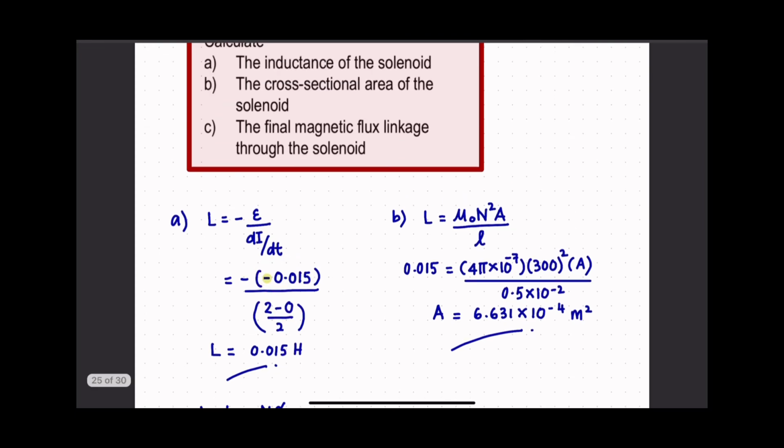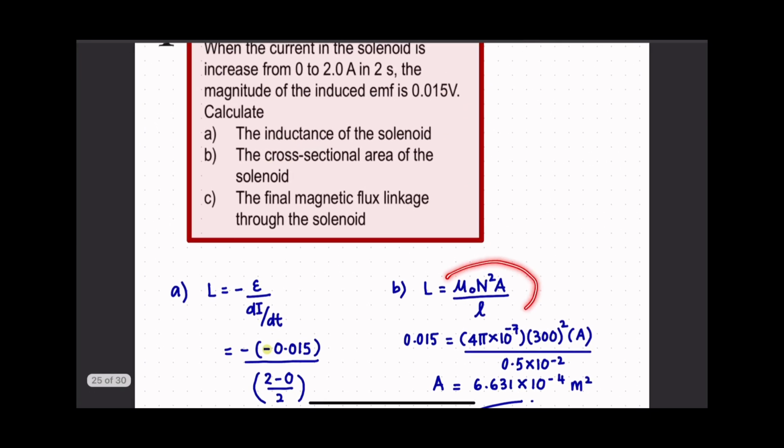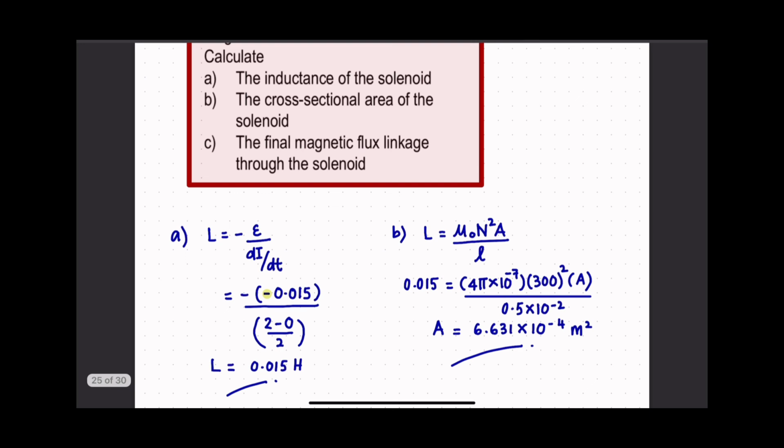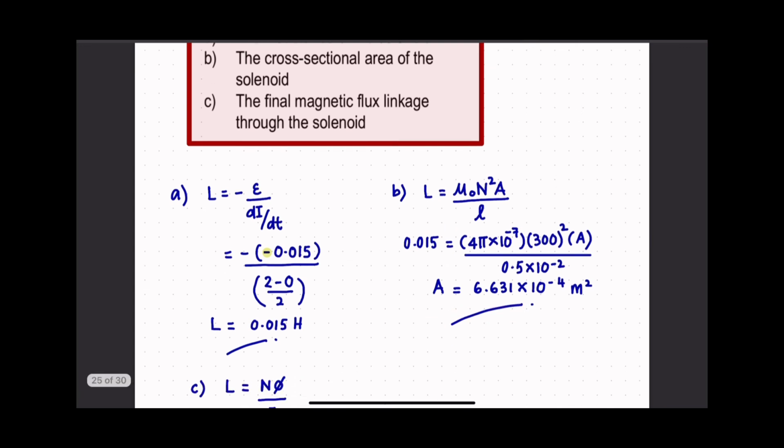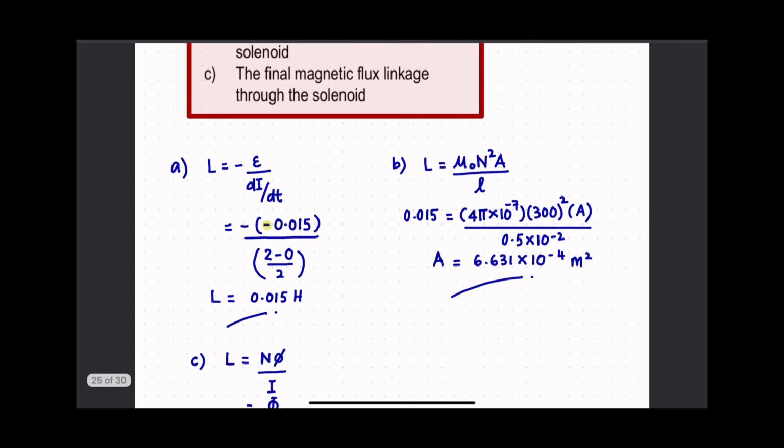Okay, so next, the cross-sectional area of the solenoid. So take the solenoid formula, mu naught N squared A over L, where the big L is the self-inductance. So substitute the value of self-inductance we got earlier. Okay, so we get the area as 6.631 times 10 to the power of -4 meter squared.